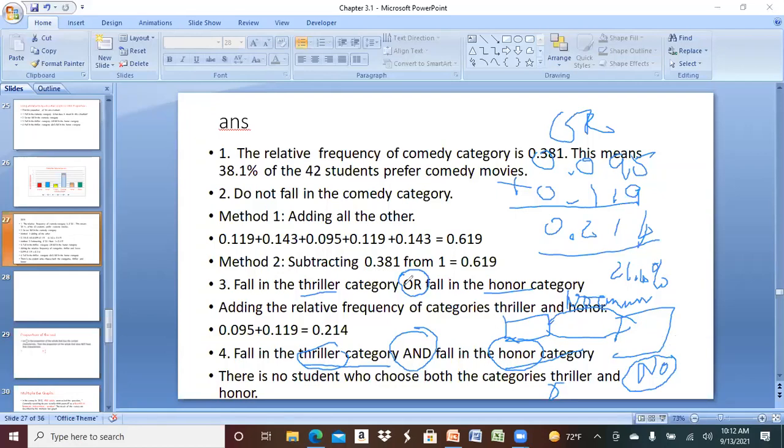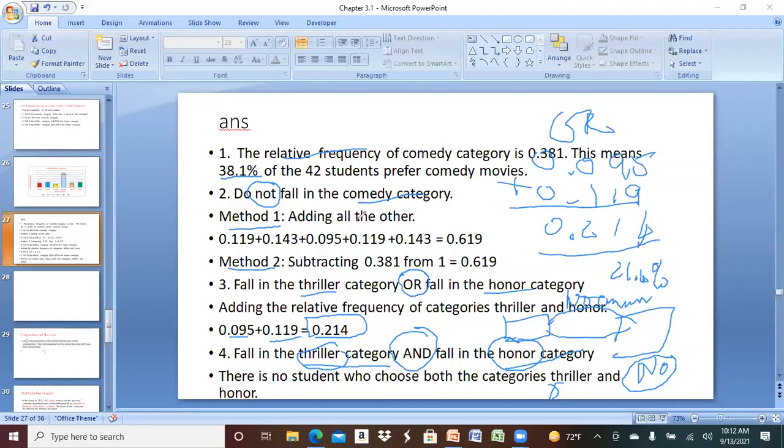But the way we can find thriller or horror, you add together thriller and horror. You get 22.4%. This is the problem. You find the relative frequency and not falling. You have two ways to do.